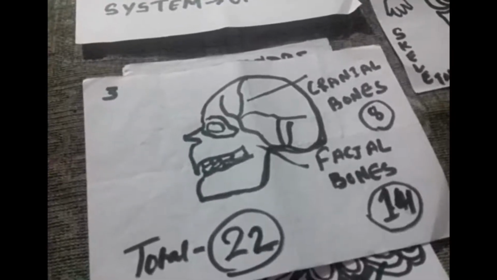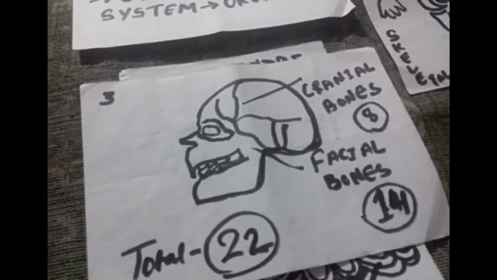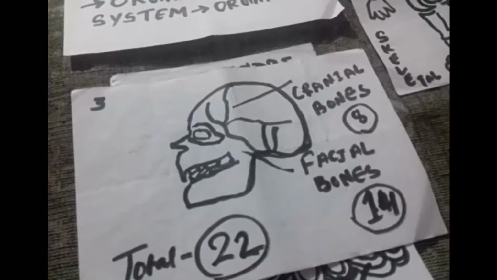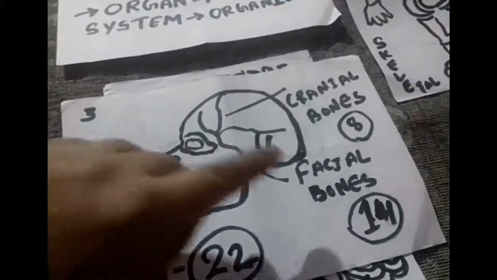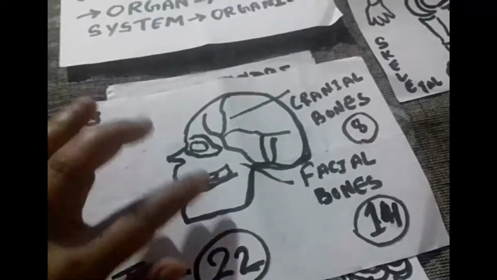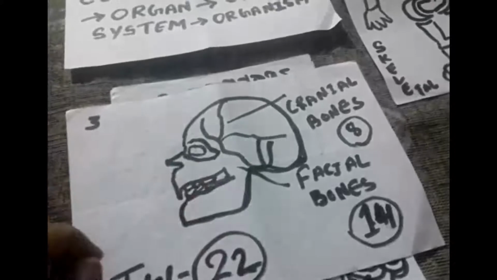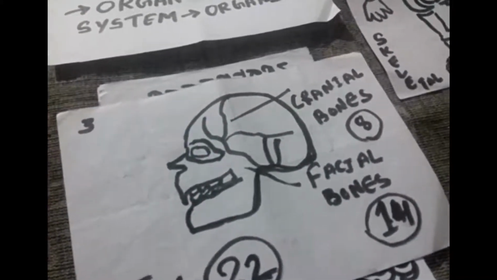The cranial bones make up a protective frame around the brain, and the facial bones make up the upper and lower jaws and other facial structures. They provide support to our brain and to our facial structure.